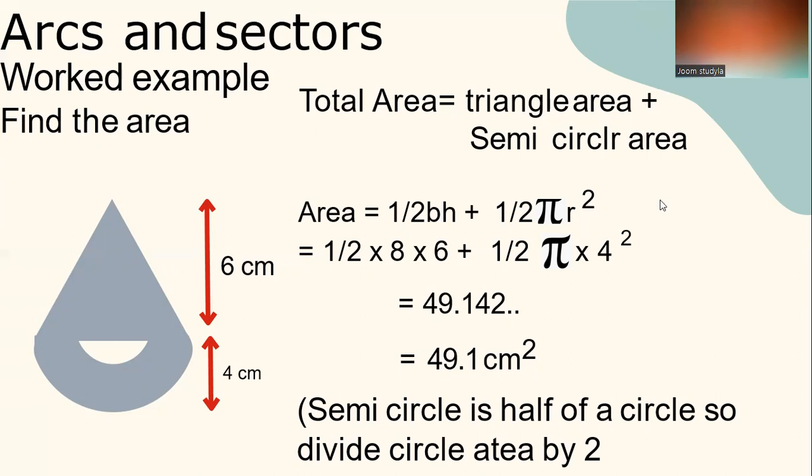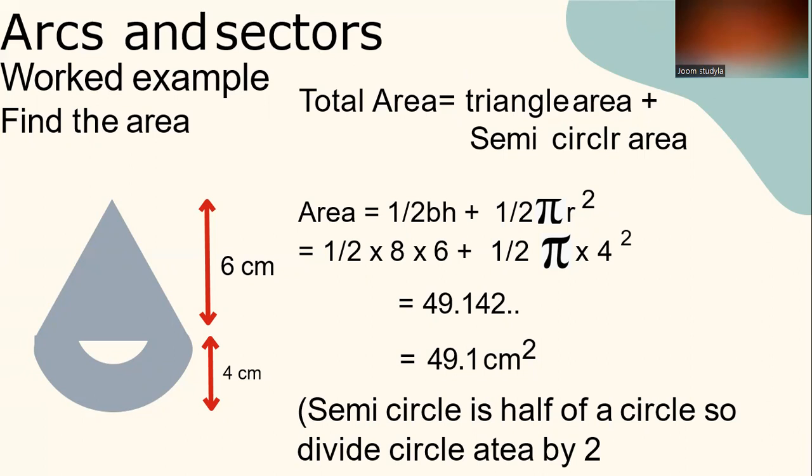Okay, so to calculate the area of the triangle, half times 8 times 6 plus half pi times R squared.